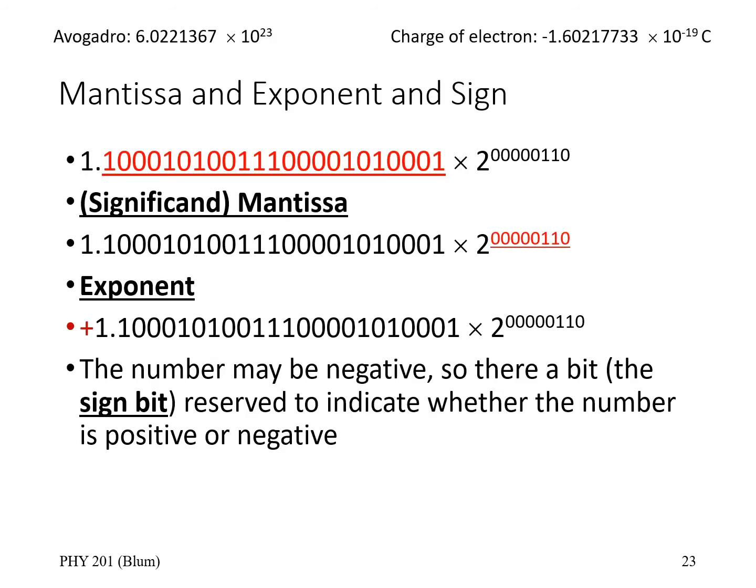A floating point number is going to consist of 3 parts: the mantissa, the exponent, and the sign. So let's go back to scientific notation for a second. Avogadro's number was 6.022 times 10 to the 23. The charge of an electron is negative 1.602 times 10 to the minus 19.